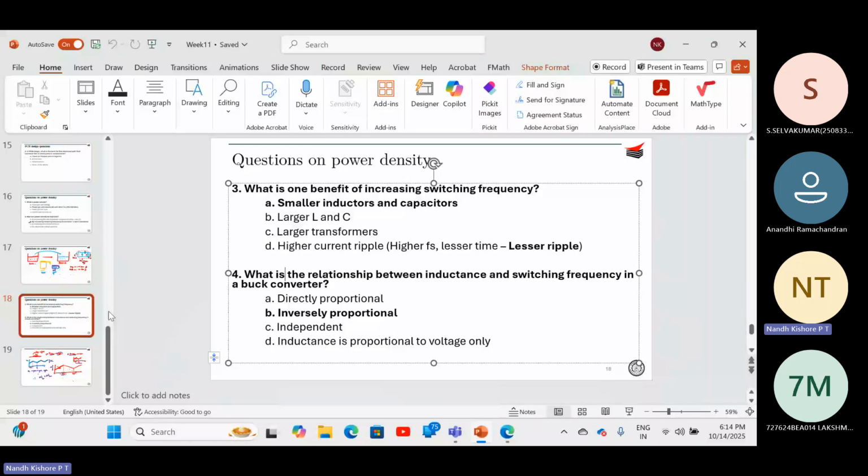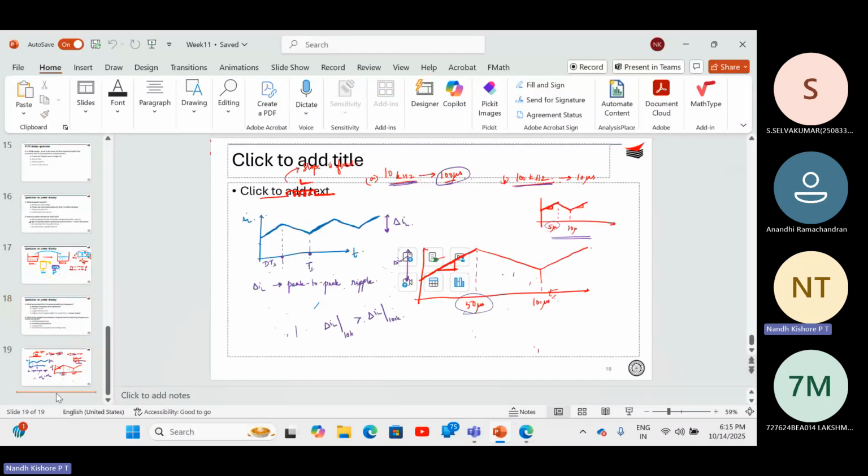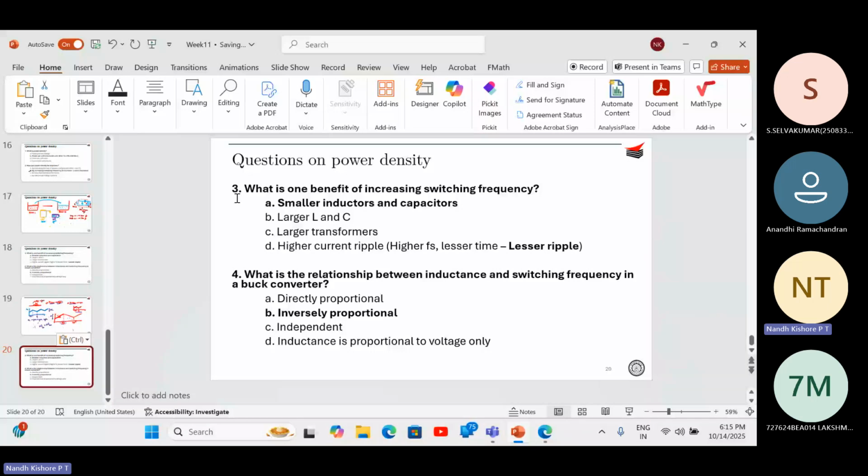By the way, I missed uploading this particular slide in the Google Drive, so once today's session is complete, I will upload both this and today's slides. Today we will keep it in continuation with the original slides. We will go ahead with the next question.